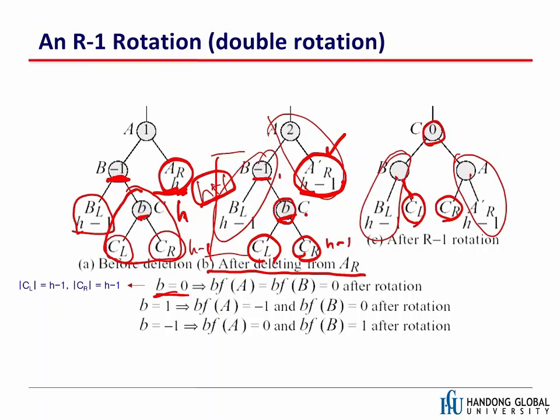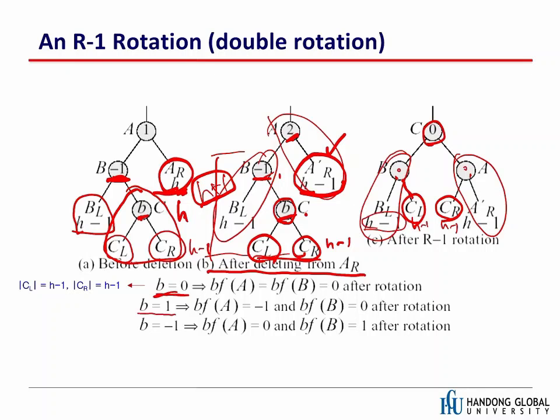There are no other options here. So if B is 0, then the height of these two subtrees should be H minus 1. Otherwise we cannot have 2 and minus 1 here. So if their heights are H minus 1, then BF of B is 0, and BF of A should be 0, because we have the same heights on the left and right subtrees.